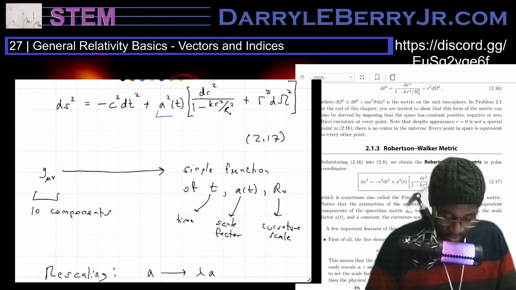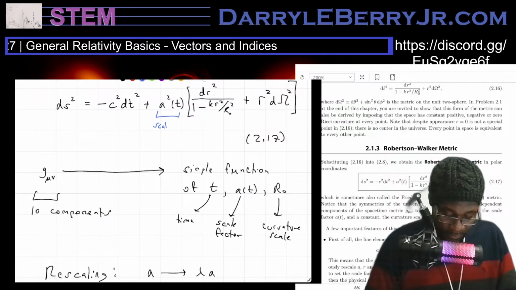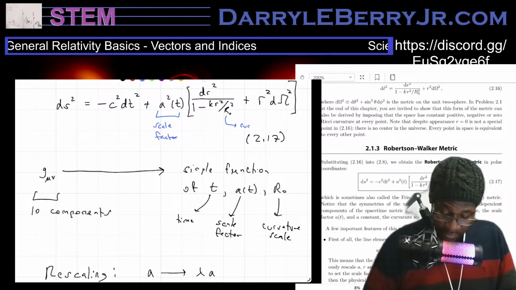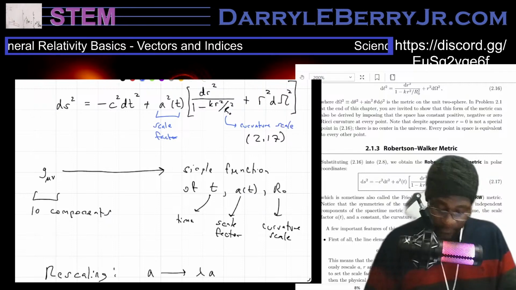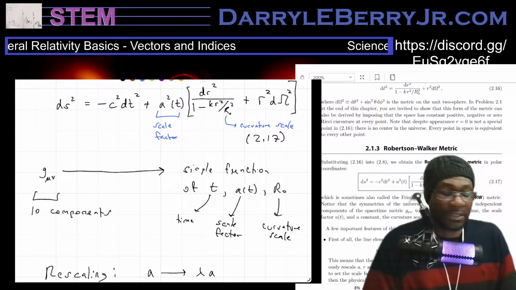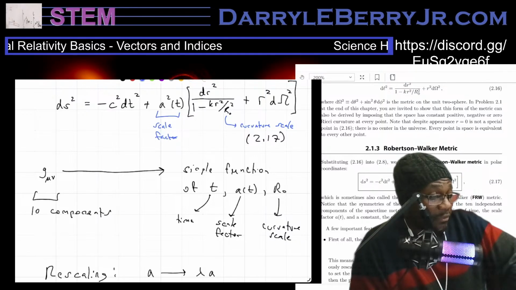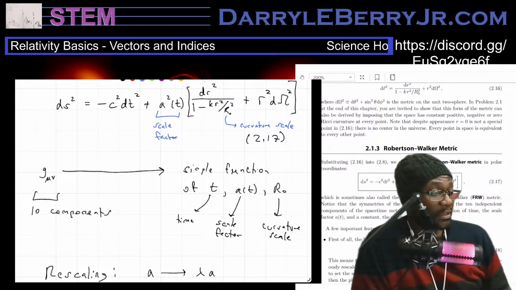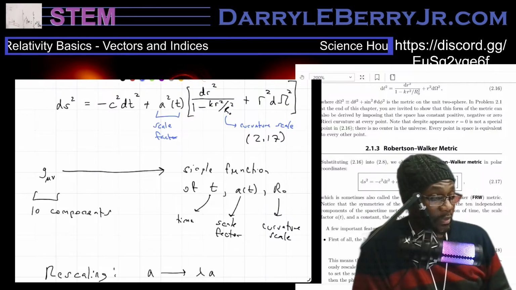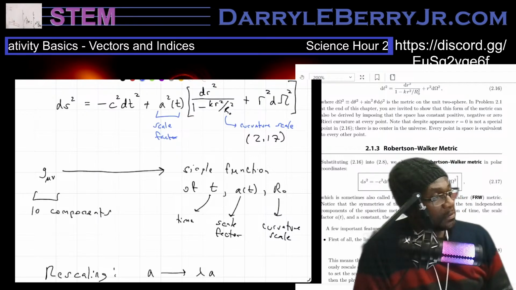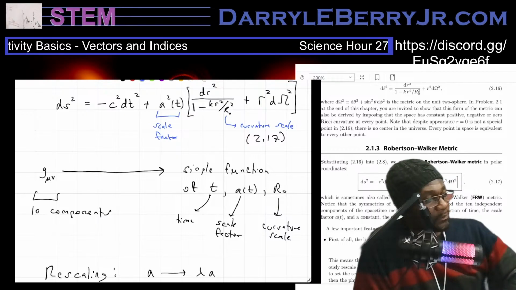So this is the scale factor, and this is the curvature scale, which should be the radius of the circle, which, I mean, if we're talking about the universe, it'll be 14 billion light years or whatever it is. Not sure about that though.